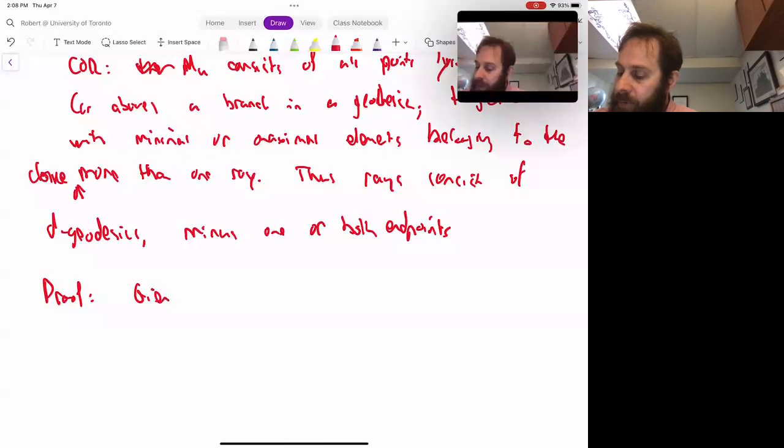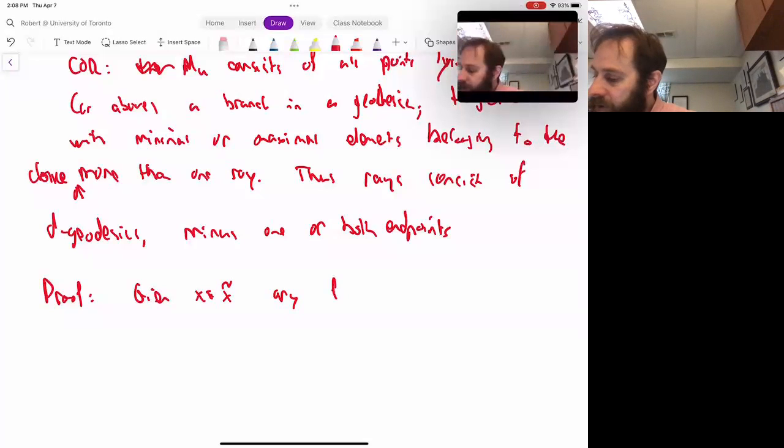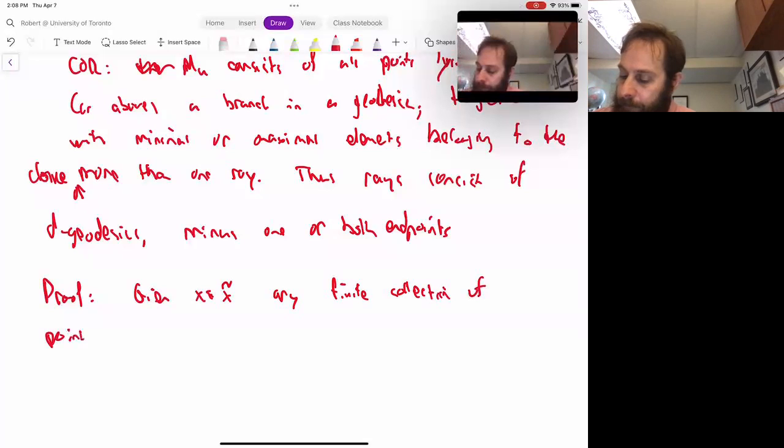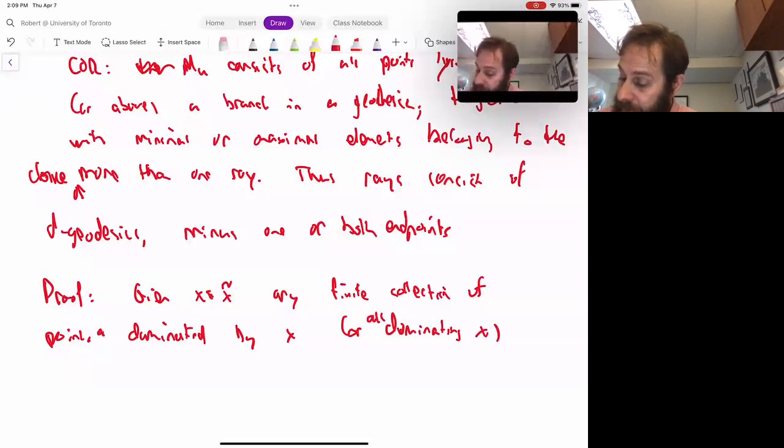So given a point X in an equivalence class, any finite collection of points dominated by X or dominating X, or all dominated by X or all dominating X, lie on a single geodesic.